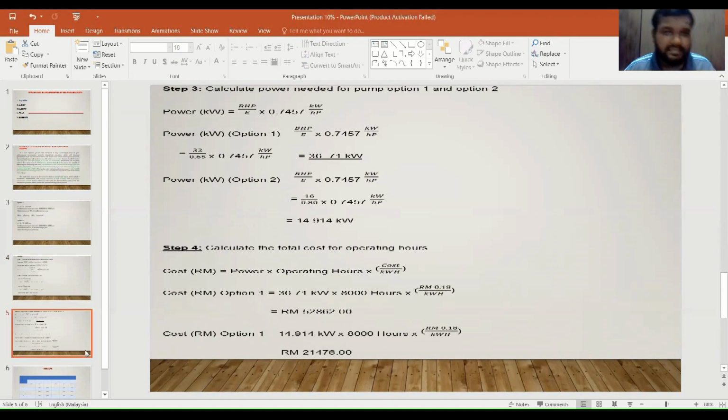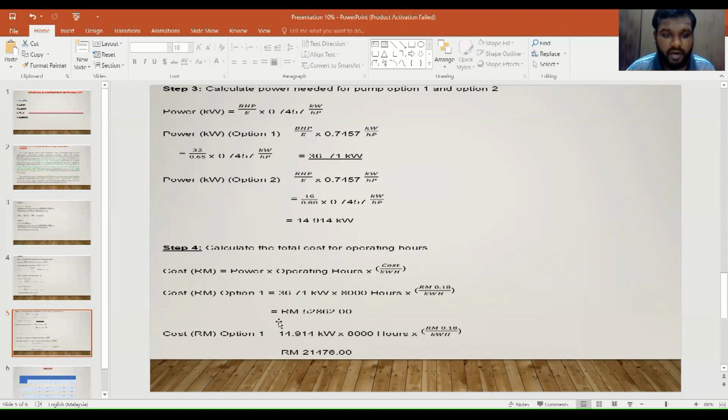The third step is we calculate the power needed for pump option 1 and option 2 using the power equation, that is the horsepower times the power. With option 1 and option 2 we got the answer. And for step 4 we calculate the total cost of operating hours, that is cost equals power times operating hour times cost per power.